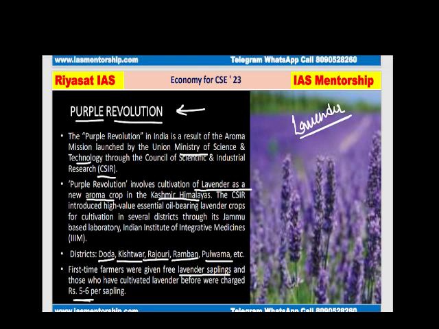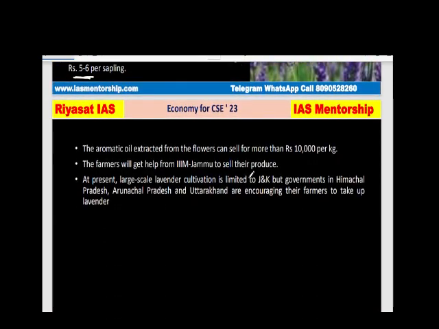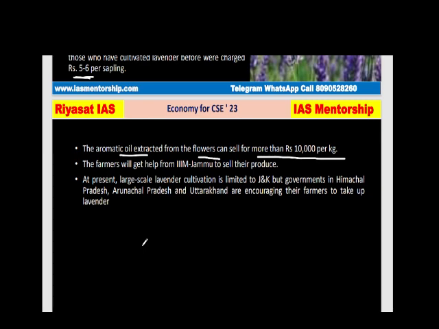Clear? Okay. Let us move ahead and see what it is. The aromatic oil extracted from the flowers can sell for more than 100,000 per kg. So that is why it is being promoted. What is being promoted? Your purple revolution. They are also getting help from IIM Jammu to sell their produce.